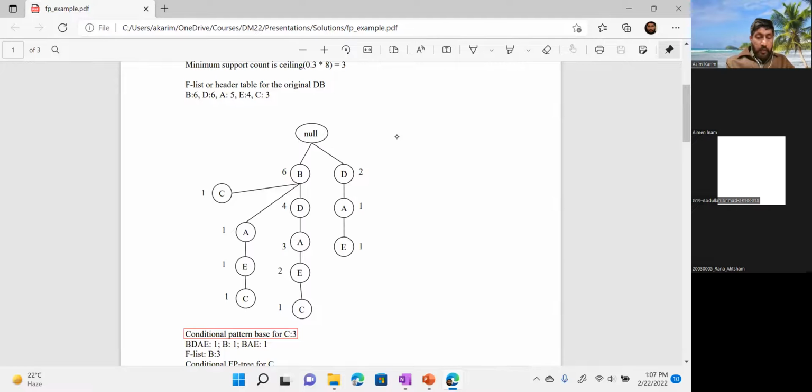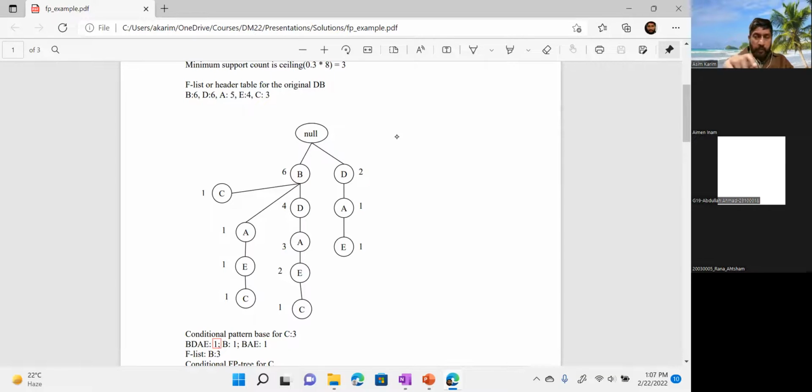So now we are trying to find a conditional pattern base for C. So in the tree, look at all nodes that have a C there. Okay? And then backtrack from there. Okay? So that would be the conditional pattern base, because those represent transactions that contain C. So if I look into the tree and find those, then I'll find that BDAC occurs once.